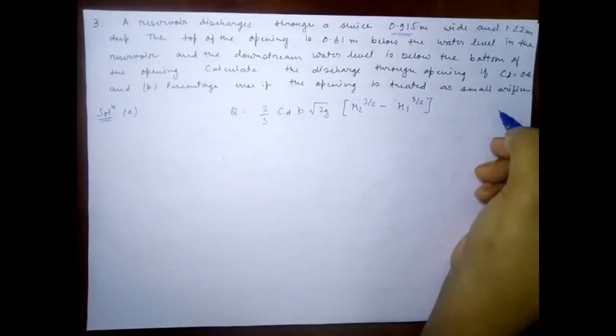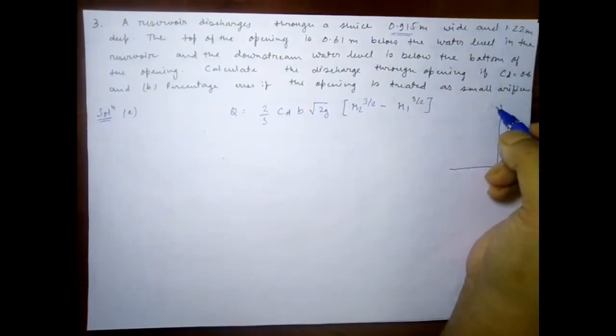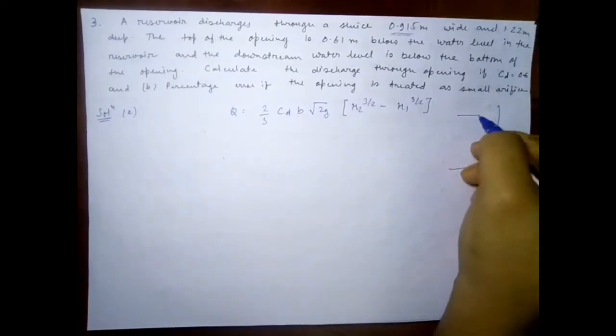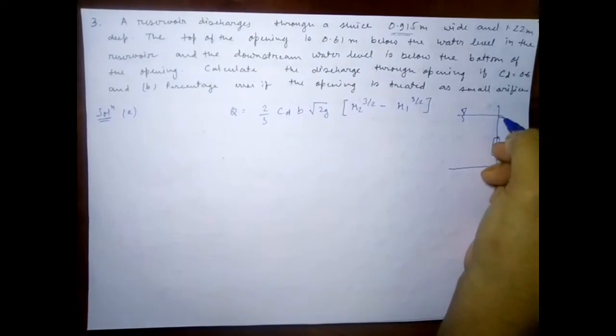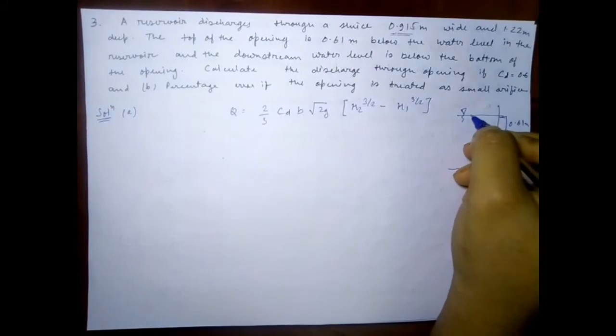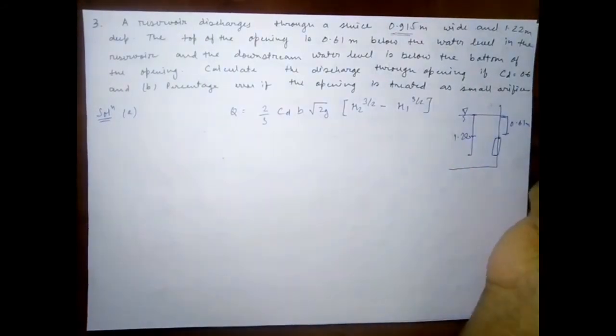Now this is the reservoir, suppose, and the sluice is 0.915 meter in width and 1.22 meter depth, and also the top of the opening is 0.61 meter below the water level. So this is the water level and it is 0.61 meter, and suppose this one is 1.22 meter.